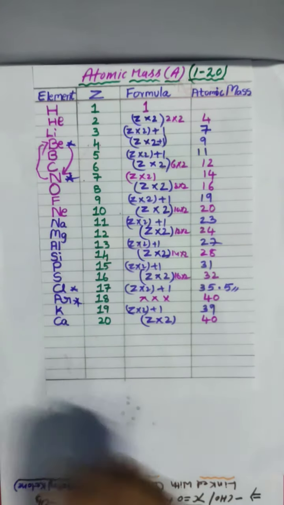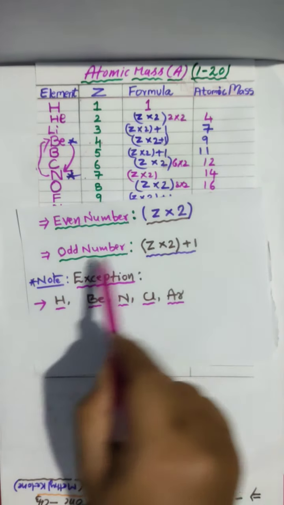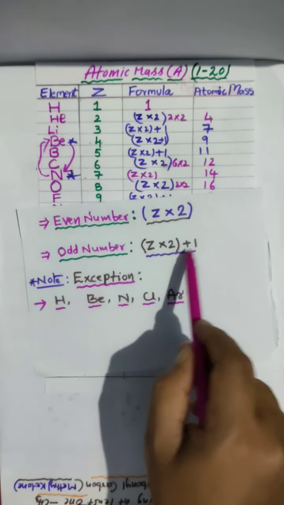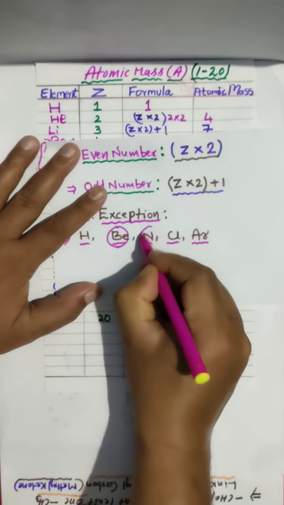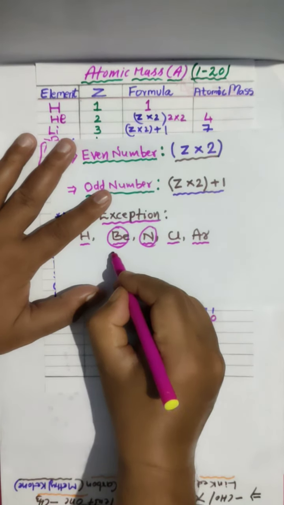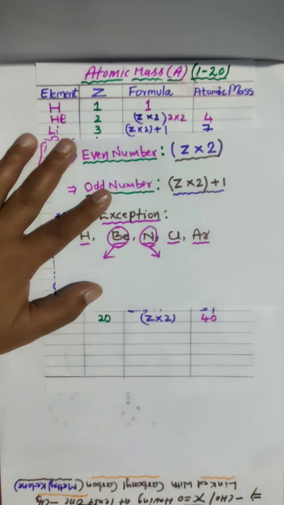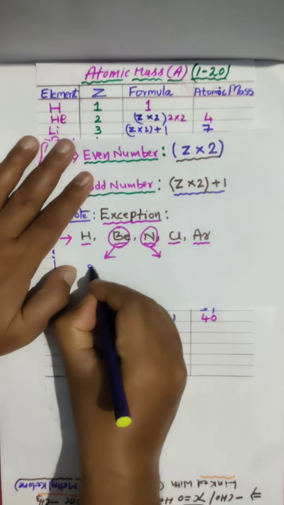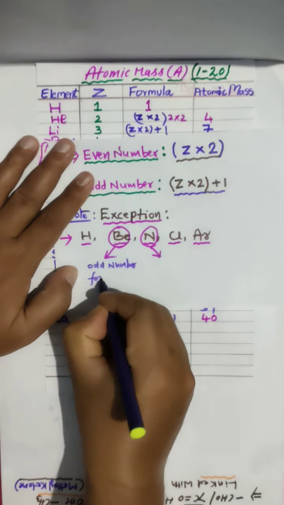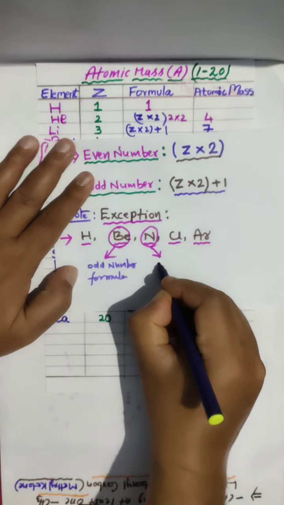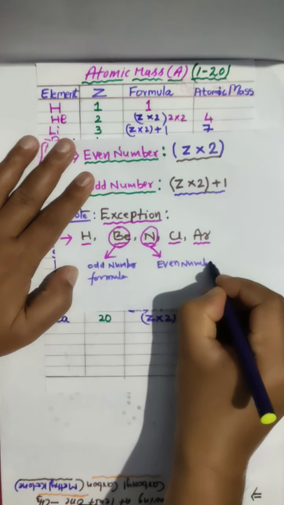Clear? So for even numbers, Z into 2. For odd numbers, Z into 2 plus 1. For beryllium and nitrogen, you have to use the reverse: for beryllium, the odd number formula, and for nitrogen, the even number formula.